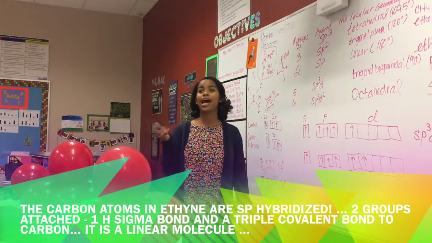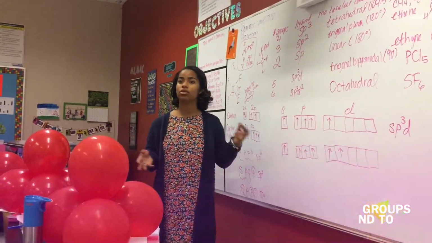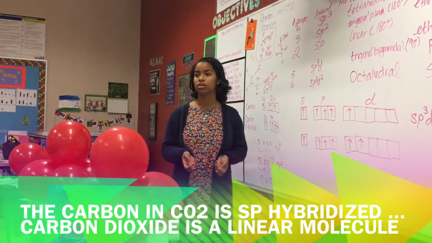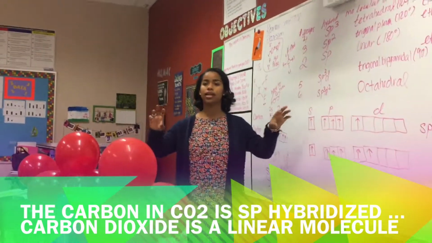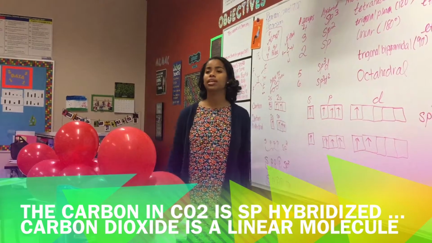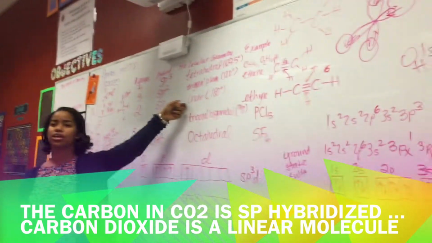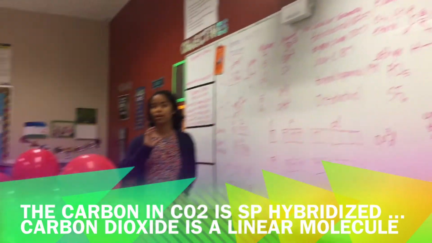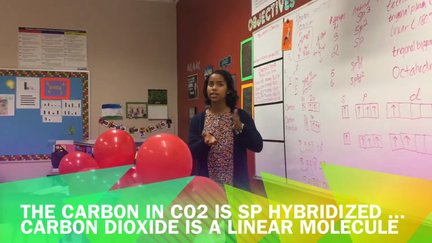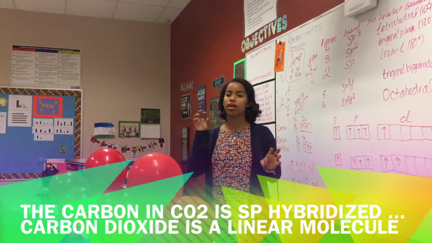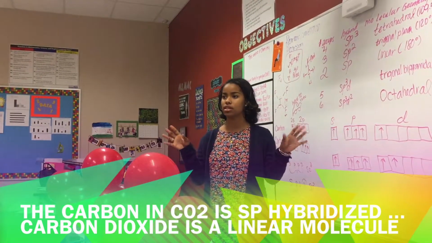If I looked at carbon dioxide, CO2, how many groups are attached to my carbon? 2 oxygen atoms. That carbon is sp hybridized. Linear. So this is a way to connect the molecular bonding with the molecular orbitals with the hybridization. So you're seeing how these things connect. Does that make sense? Any questions?